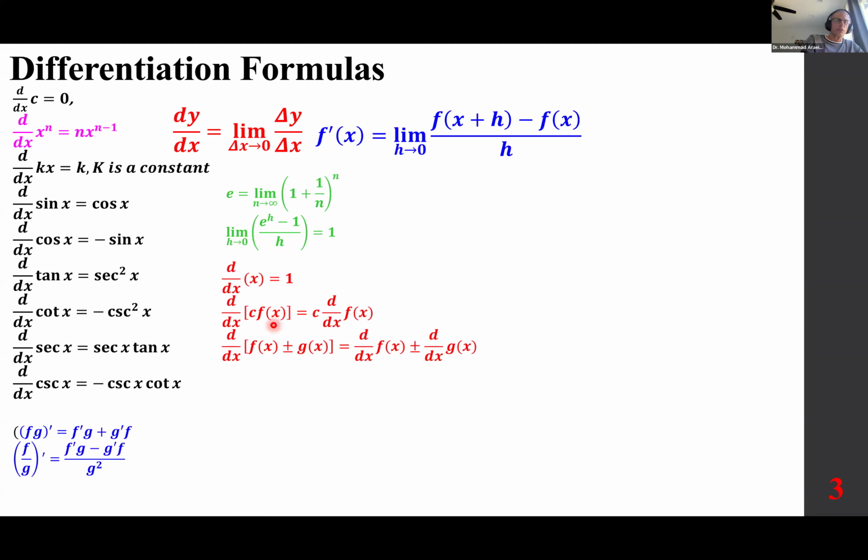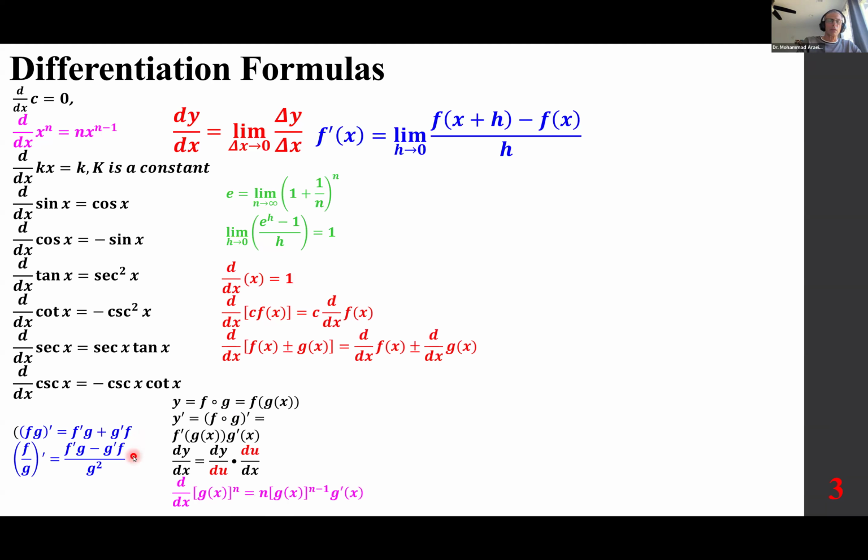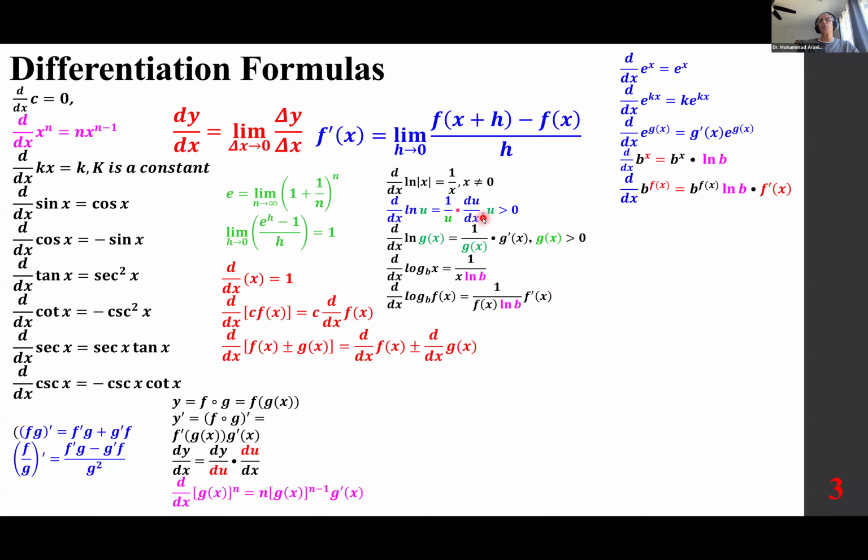And other theorems involving the sum and difference and a constant multiple, product and quotient rules, composite function resulting in the chain rule, as well as the extended power rule. Exponentials, basically the derivative is itself, and it depends on the base and whether we use the chain rule or not. Logarithmic functions and their derivatives.